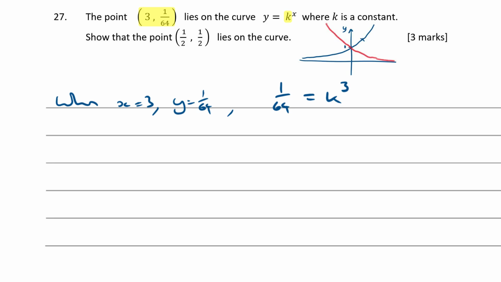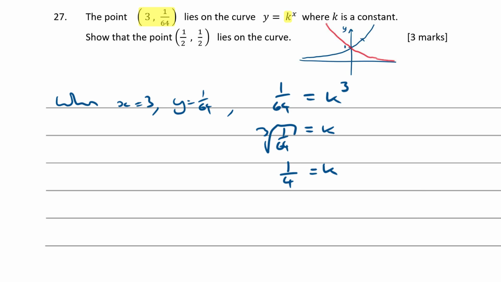So k cubed is 1/64. So to find k, we need to find the cube root of both sides, don't we? The cube root of 1/64 is k then, isn't it? So what's the cube root of 1/64? Well, 64 is 4 cubed, so the cube root of 1/64 is 1/4, so k is 1/4.